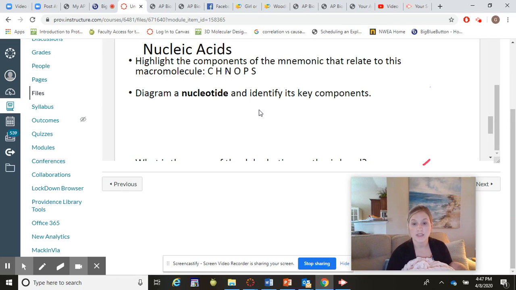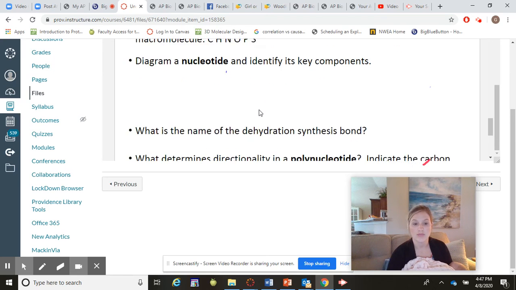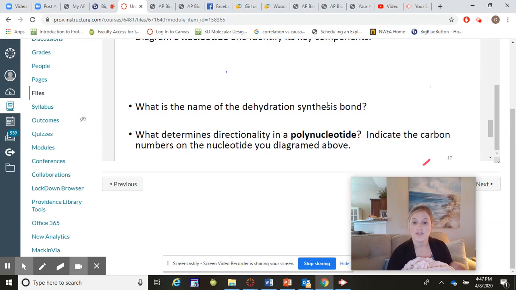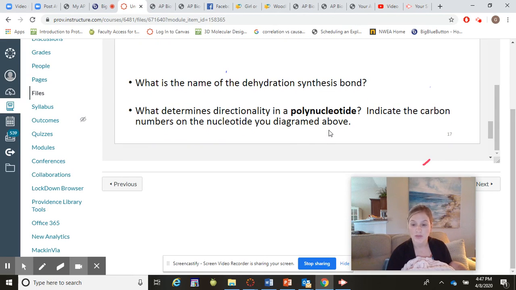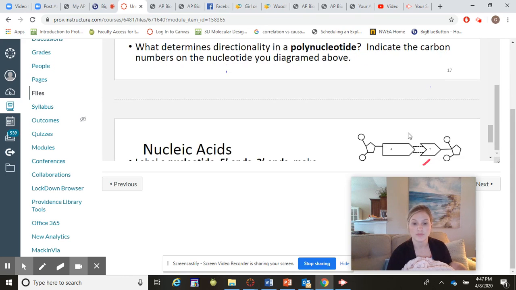And remember, the base can be adenine, thymine, cytosine, or guanine in DNA, or adenine, uracil, cytosine, and guanine in RNA. They have a phosphodiester bond. And remember, they run 5' to 3', so the 5' carbon is going to be at the top, and then the 3' carbon is going to be at the bottom.